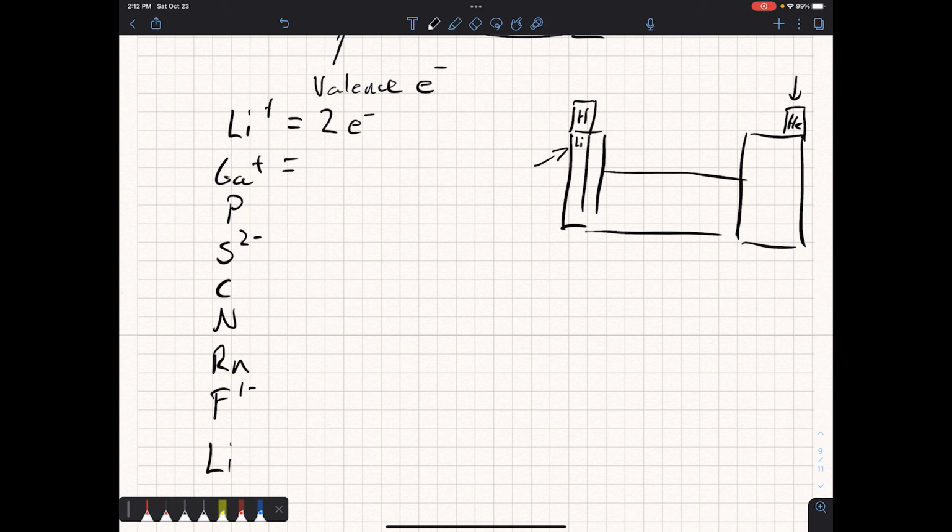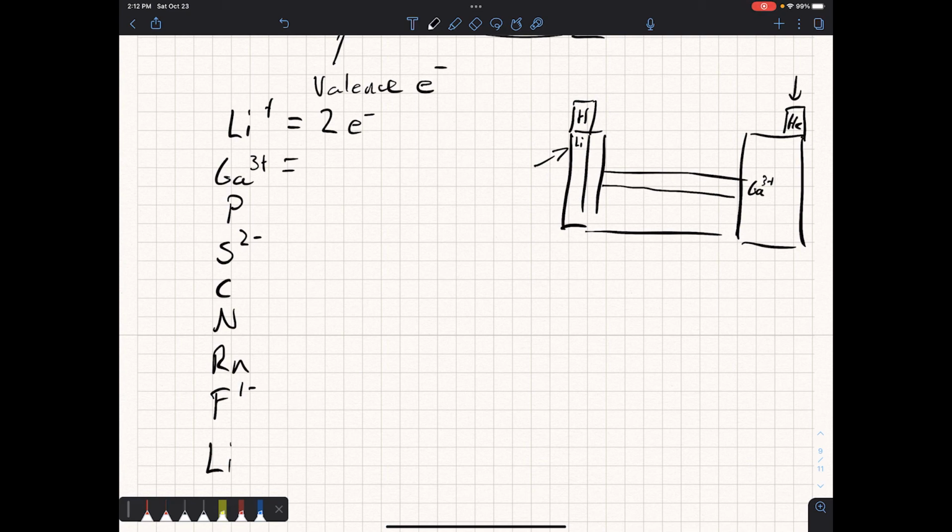For basically everything else though, gallium plus, sorry, it's not plus, it's 3 plus. Gallium, I should have pulled up a periodic table for this, but I didn't. Gallium is actually over here. Gallium's a little bit trickier because these D block electrons are not part of the valence electrons.